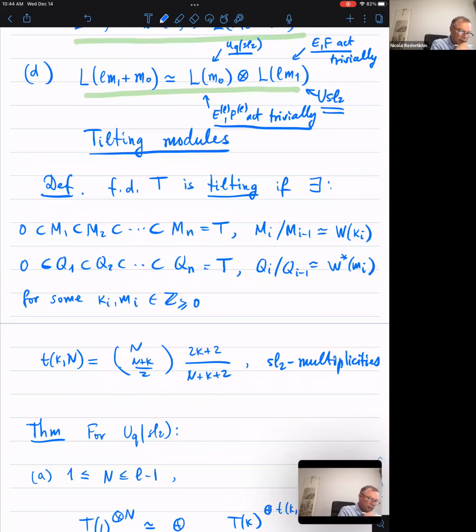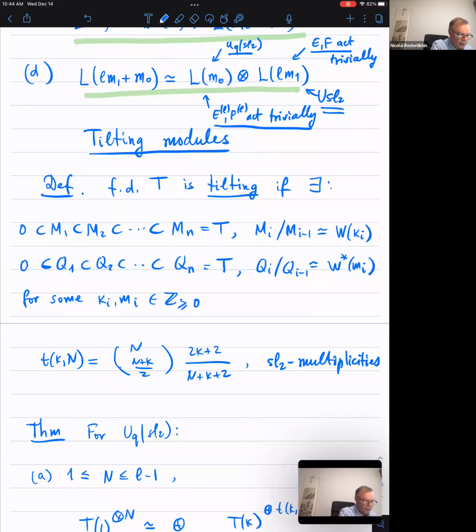So now tilting modules. Here is a formal definition of tilting modules. It's a module that has two filtrations. One is by Weyl modules, the other is by dual Weyl modules.